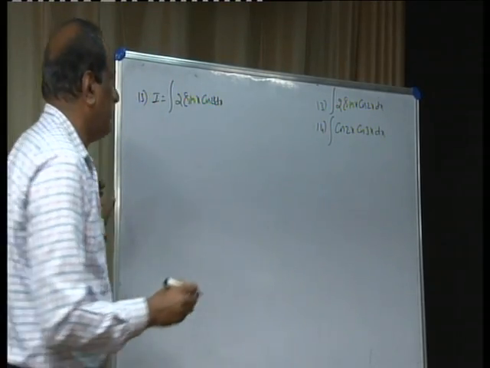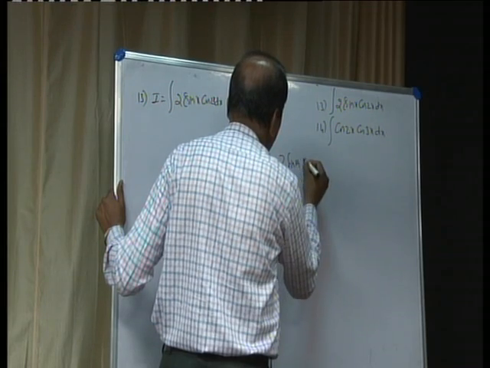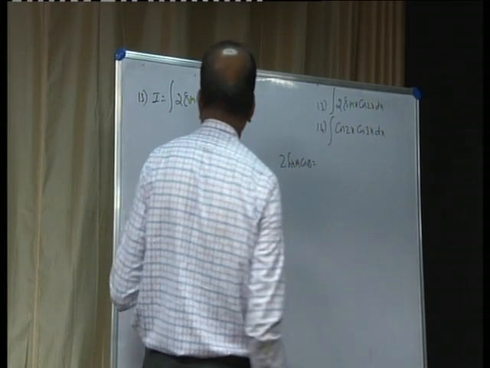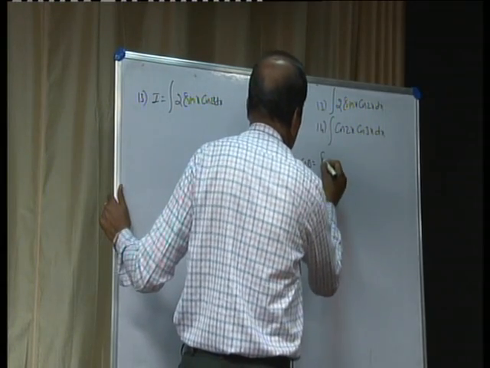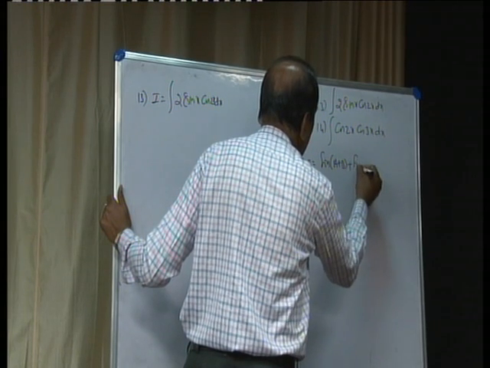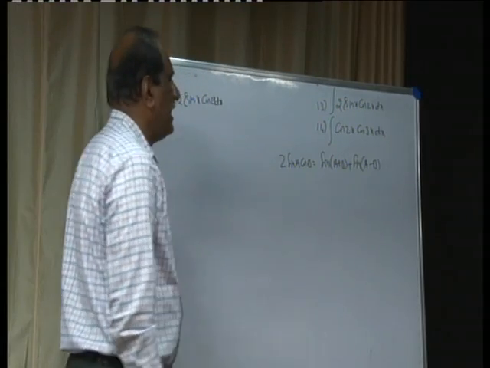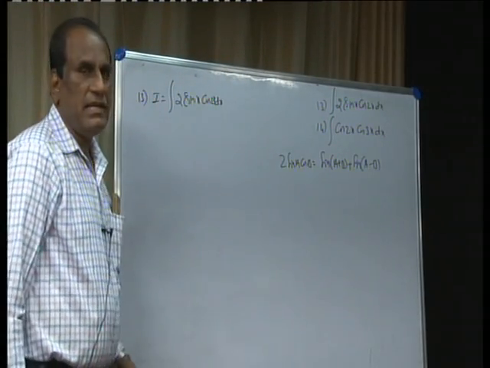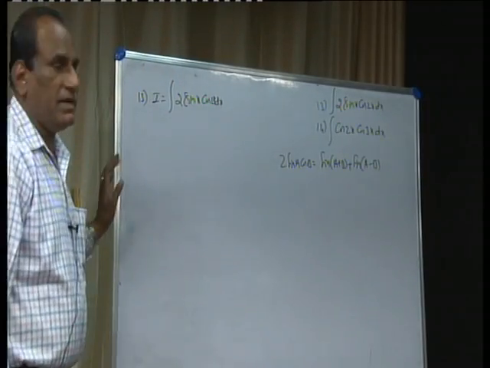There is a formula: 2 sin a cos b is equal to sin of a plus b plus sin of a minus b.